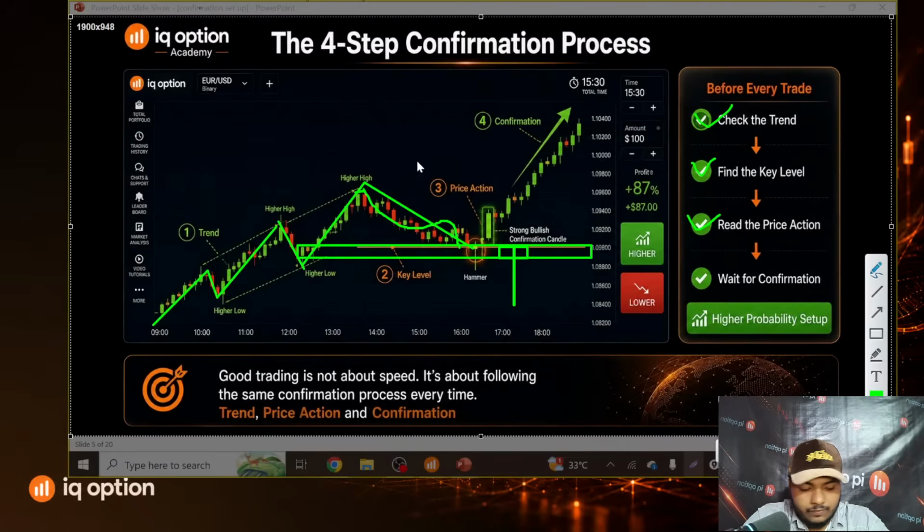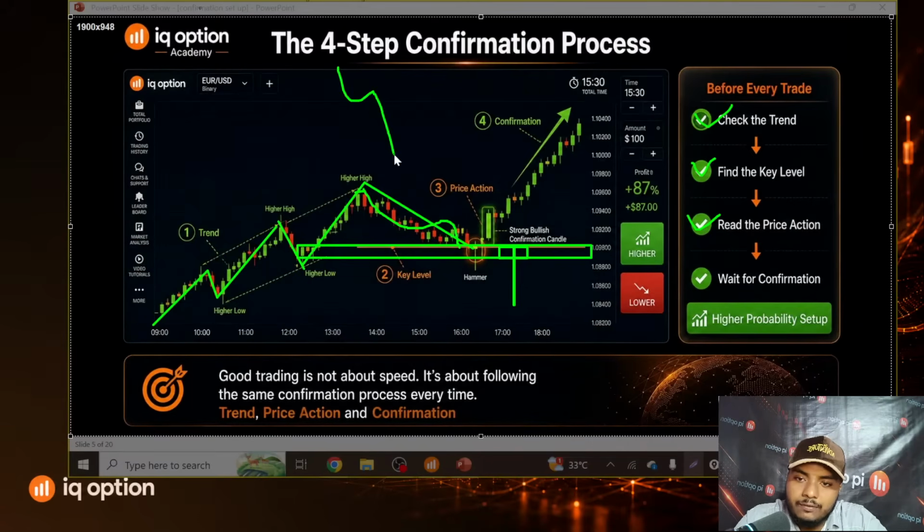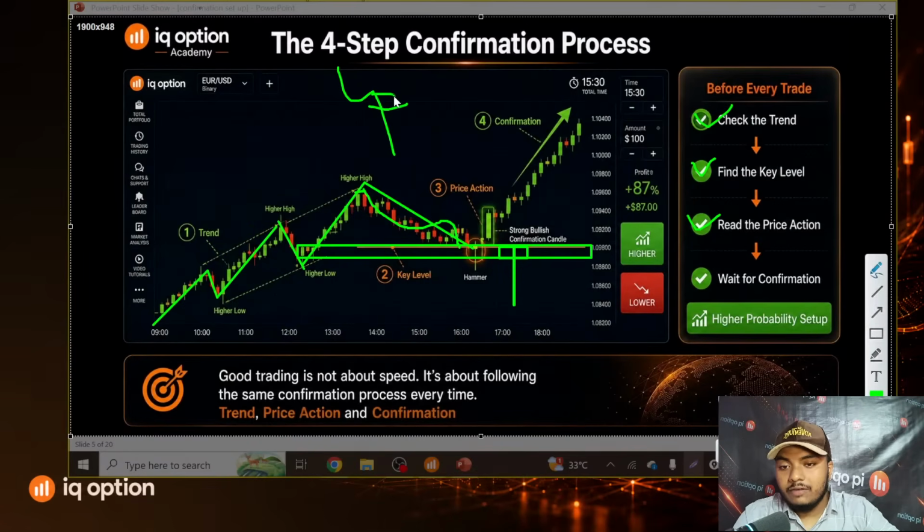If you are trading in a downtrend, after all the things match, you have to wait for a good momentum in the direction of your trade. So in this chart, in this scenario, we have to wait for a good bullish momentum. The candles show a good bullish momentum.